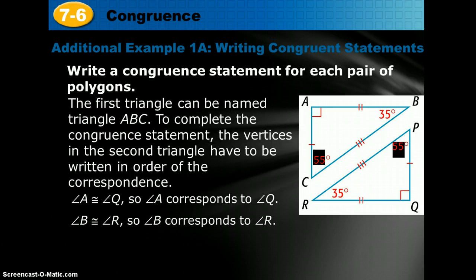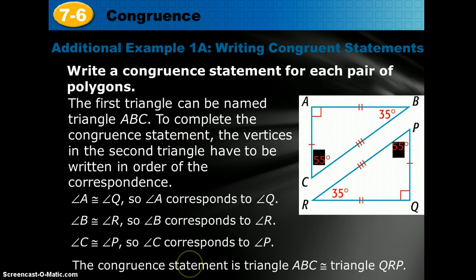Similarly, if we take B, the measure of 35, we could match that with R, which also has a measure of 35, so B corresponds to angle R. Also, C with a measure of 55 degrees would match up with P, so angle C corresponds to angle P and is congruent to angle P. In order to write a congruent statement, we would simply write all three letters together, and order is of the utmost importance.